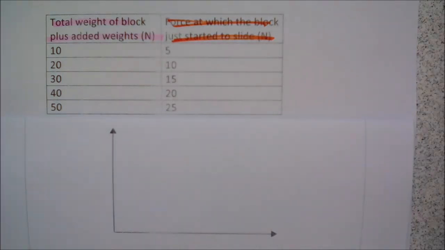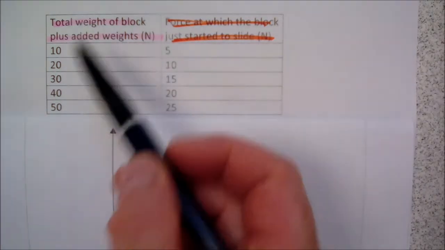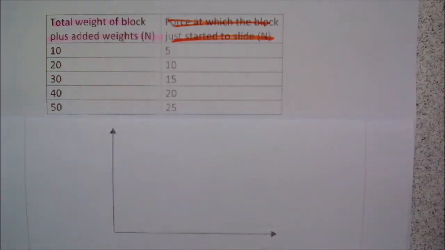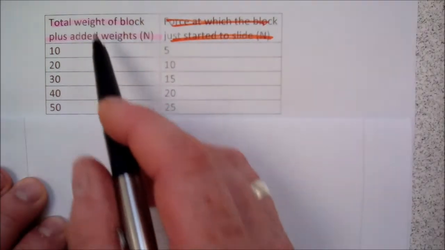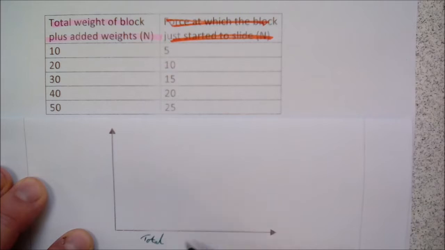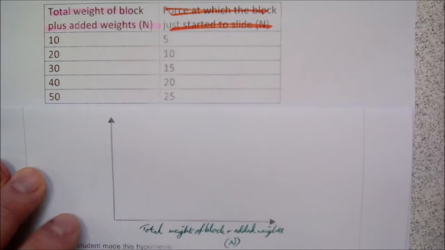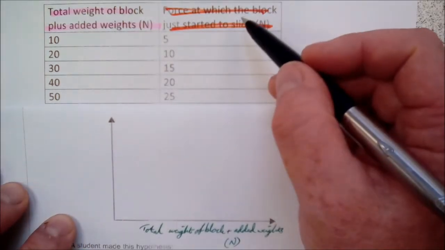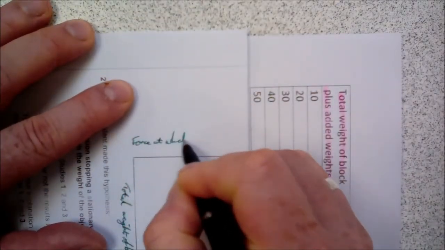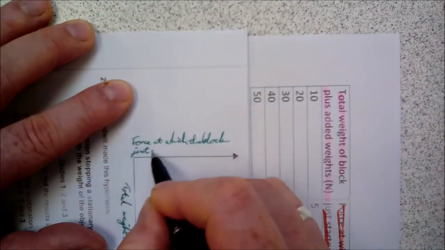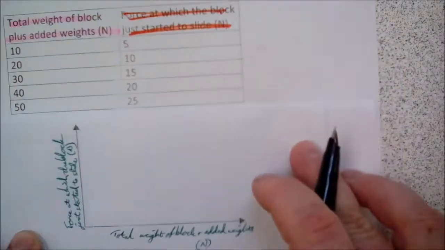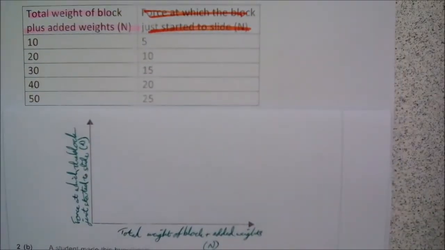The x-axis always appears first in our results table, so the first thing that we do is transfer that name and the unit to the graph, and transfer this name and the unit to this side of the graph. And there we've secured one mark.